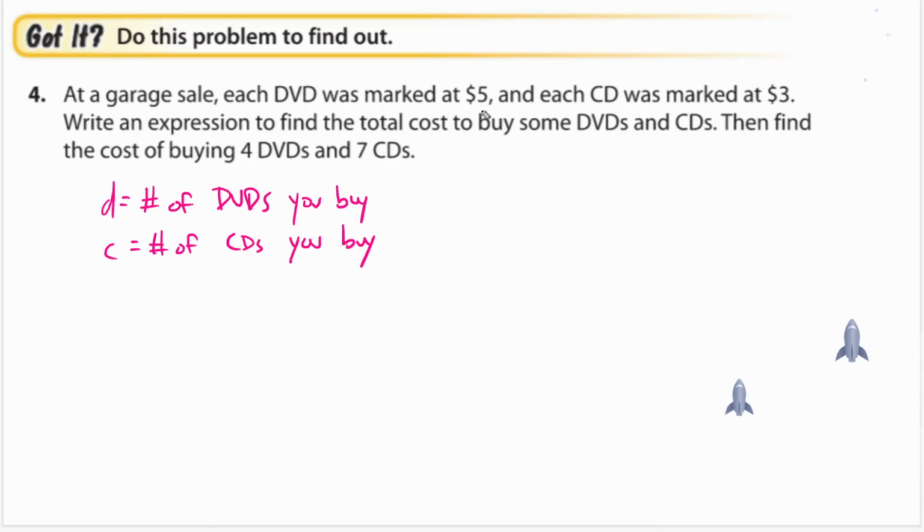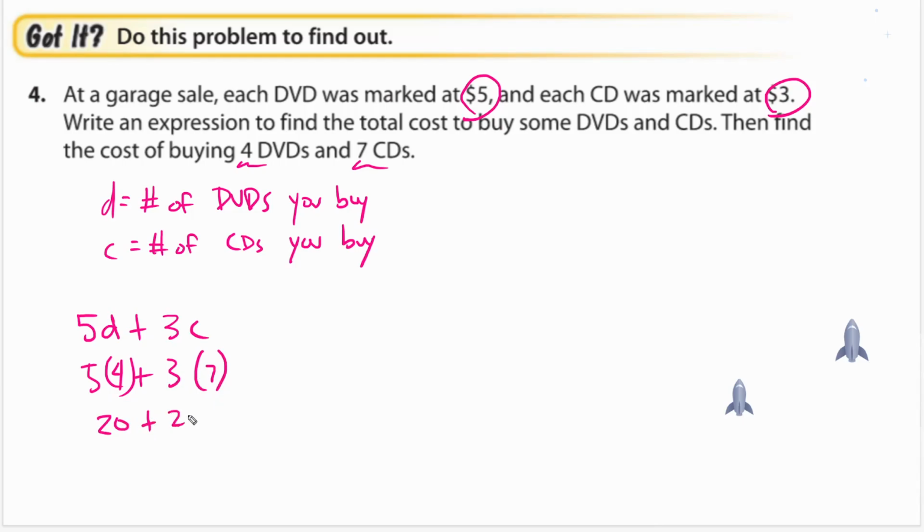Well, each DVD is $5, so 5 times D will give you the cost of the DVDs, and then we're going to add the cost of the CDs, which is 3 times C. Then we're going to find the cost for 4 DVDs and 7 CDs, so we'll just replace D with 4 and C with 7. 5 times 4 is 20, plus 3 times 7 is 21. $41. That is our cost.